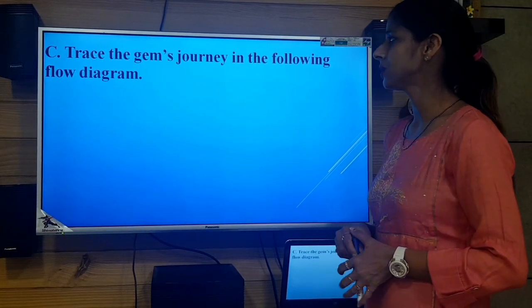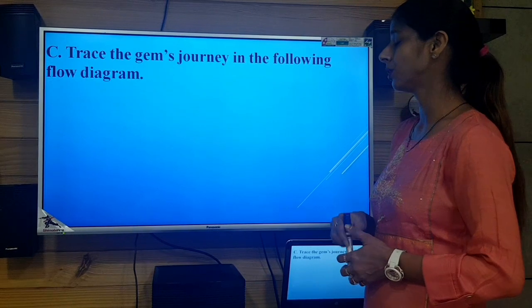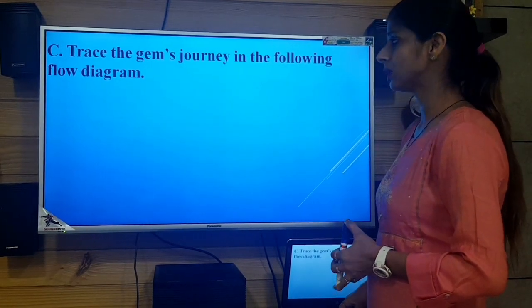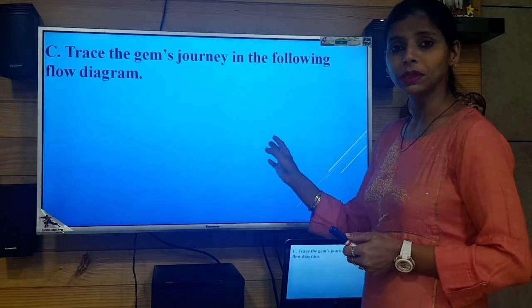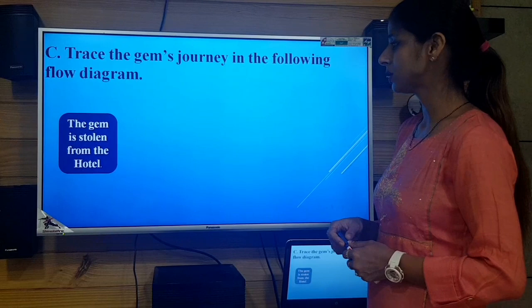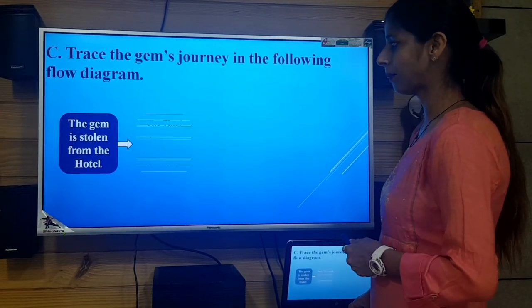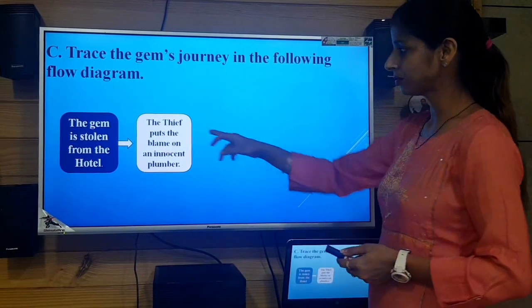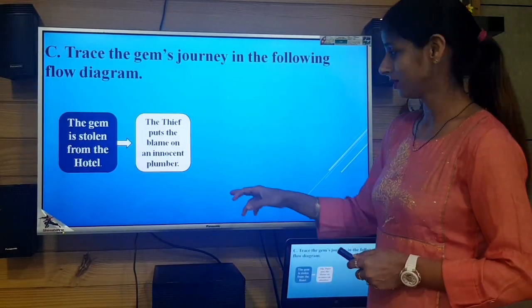Then next one is, trace the gem's journey in the following flow diagram. Here you need to add some events so that you complete the story. So what is the scene? The gem is stolen from the hotel. First this incident happened. Then the thief puts the blame on the innocent plumber.